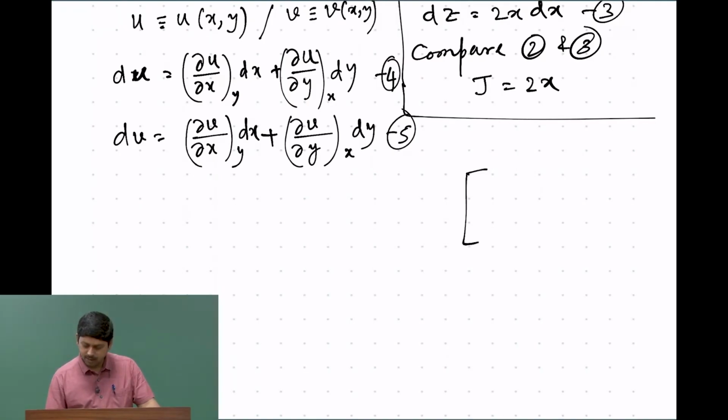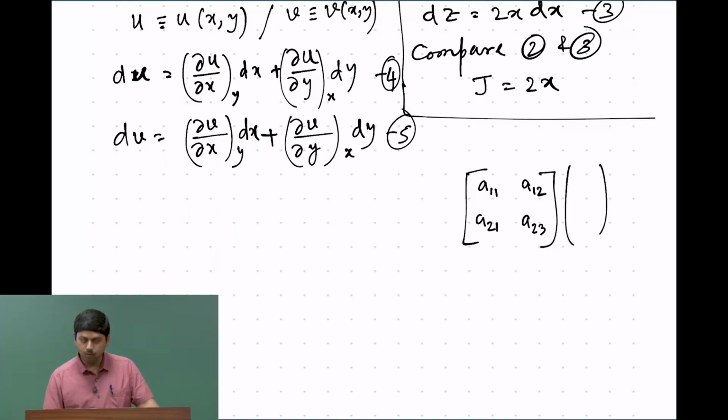Let us say I talk about a 2 by 2 matrix, A11, A12, A21 and A22, and when you multiply it with two variables x and y, we have to multiply this way. You go, I will just draw with a different line, this way.